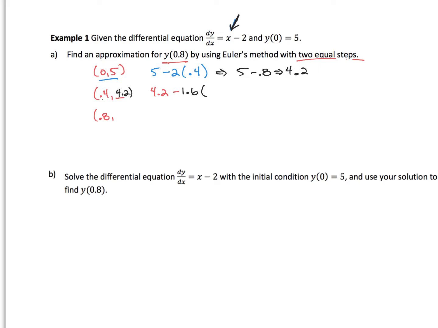And what's my step? 0.4. Technically what's happening here is it's 0.8 minus 0.4. All right? But I don't really say that. It's just my step of 0.4. All right? So now we have to do a little bit of math. So now we got 4.2 minus what? What is 1.6 times 0.4?